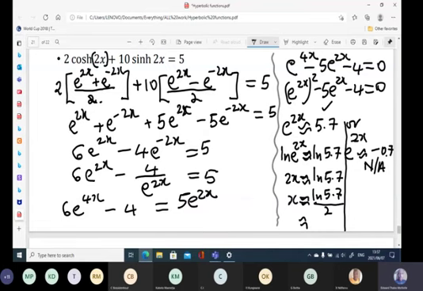So my solution here gives me approximately 0.87. So that's how I have solved this one. This other one you can even test. In your calculator, it must give you undefined to show that you can't solve it when you take ln of minus 0.7.